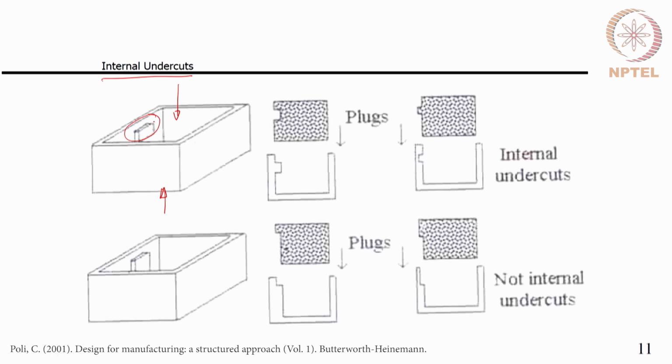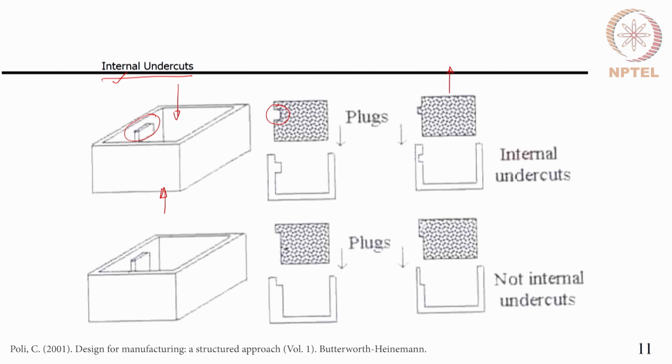So, such features will form internal undercuts. In a cross section you can see that when this feature is available, one cannot pull out this part when such internal undercuts are available.